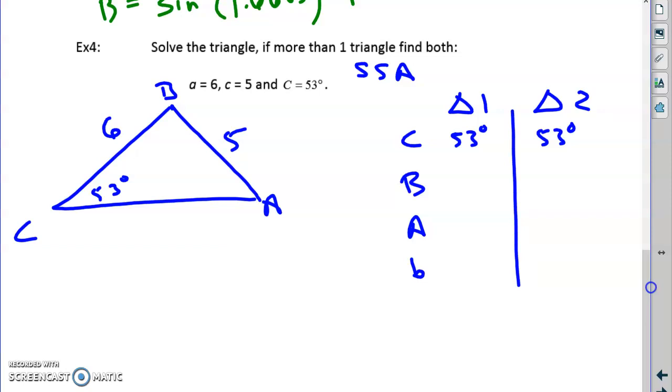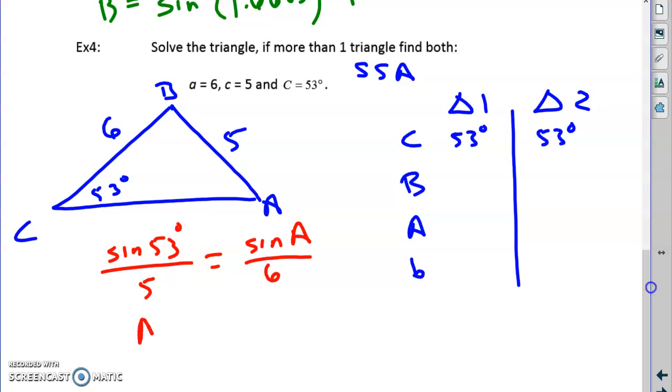Create a law of sines equation. I have my side-angle pair. Sine of 53 over 5 equals sine of A over 6. A equals 73 degrees.